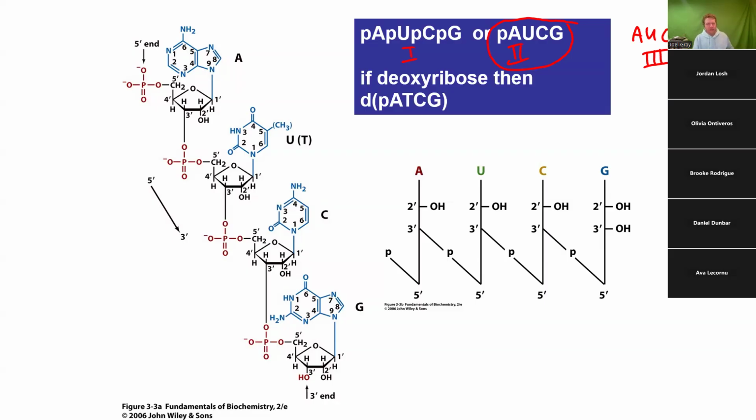My answer is, we're talking about an RNA or a DNA molecule. What types of bonds connect every single sugar in an RNA or DNA molecule? For something to be an RNA or a DNA molecule, what type of bond?